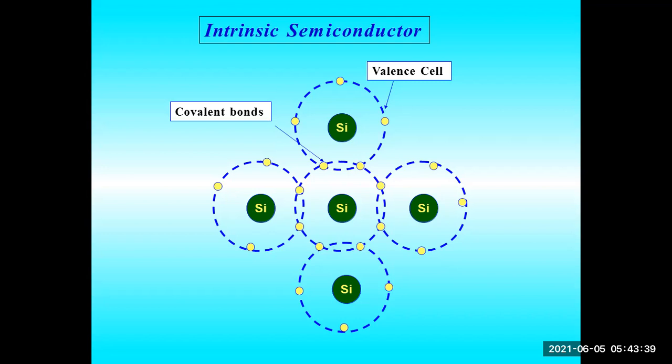When I consider this silicon and this silicon, a bond is formed between these neighboring atoms, right? And when I consider this and this, the bond is formed between these 2 electrons of the 2 neighboring atoms, and so on. This dotted line is nothing but the valence shell.